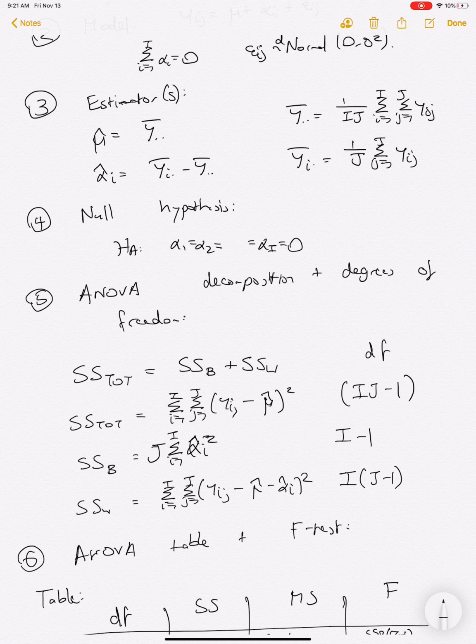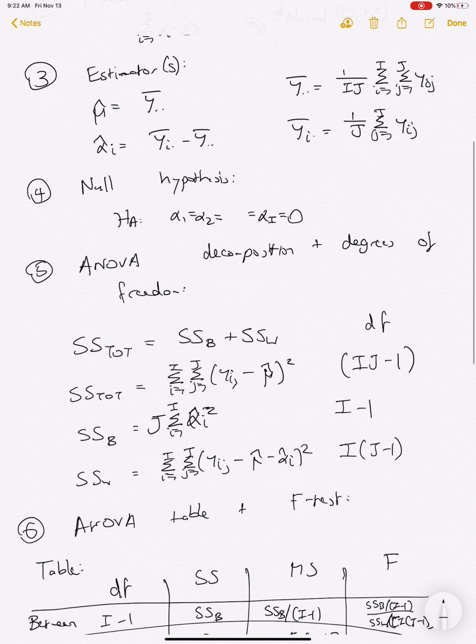And for the within groups, you have I times (J minus 1) degrees of freedom, because there are I groups, and for each one you lose 1 degree of freedom because you're estimating the overall sample mean. So that's why you get I times (J minus 1) degrees of freedom there.